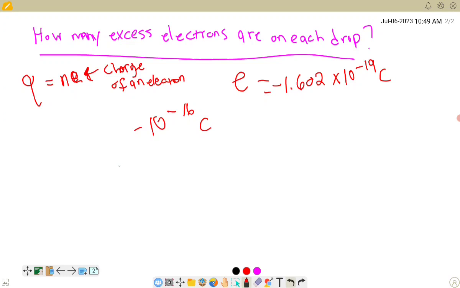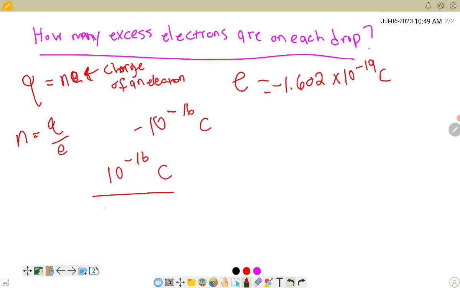So we can actually rewrite this, because we're asking how many, which is the number N. That's what we really want. So we can rearrange that whole formula to get N equal to Q divided by e.